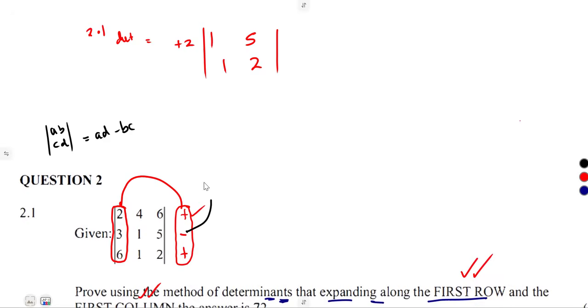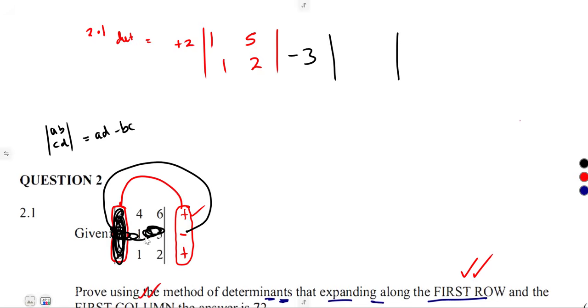The minus is affecting the 3, the one corresponding there, so that is minus 3. We close the row and the column where that 3 is, and they're going to remain with 4, 6, 1, 2.